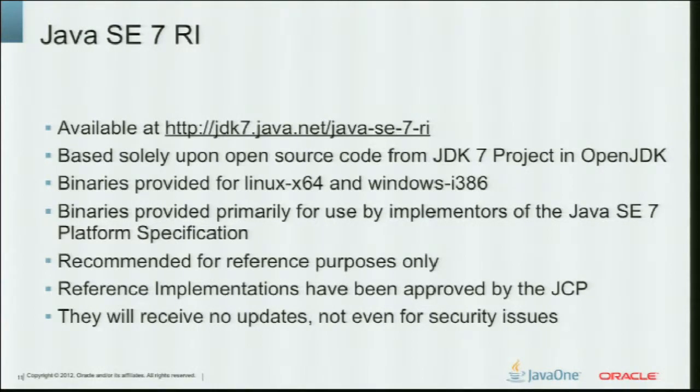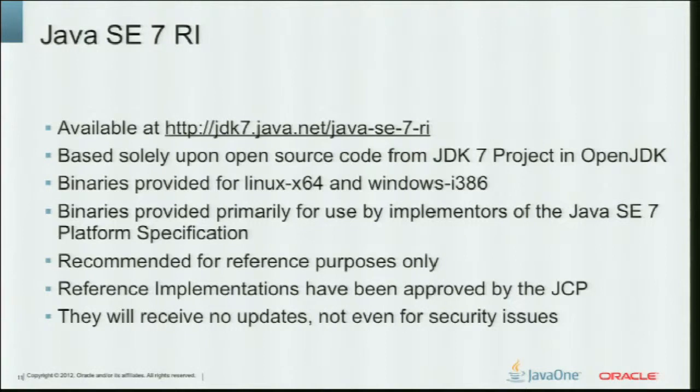But these binaries aren't for you unless you're actually trying to implement the Java SE 7 platform spec yourself, right? They're there as a reference implementation. They're there like the golden meter or the golden kilogram in a museum in Paris. You don't go to Paris to weigh your fish you buy at the fish wharf, right? You go and use a local scale.